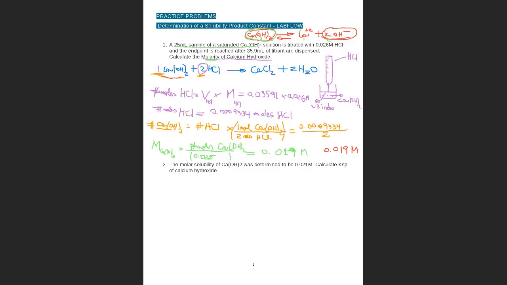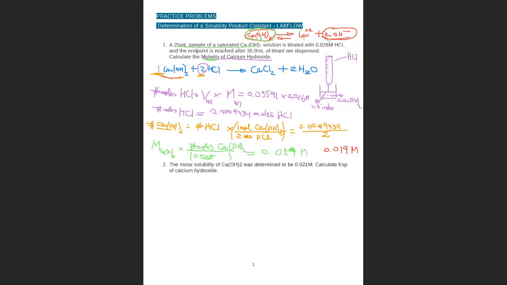So that's why you have to multiply by 2. Per 1 mole of calcium hydroxide, you obtain 2 moles of hydroxide ions. Okay, awesome. Let's see the next question.